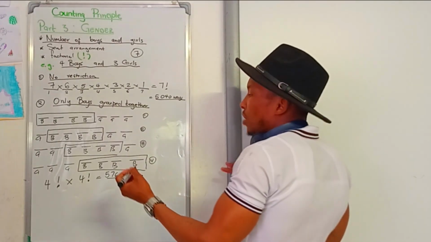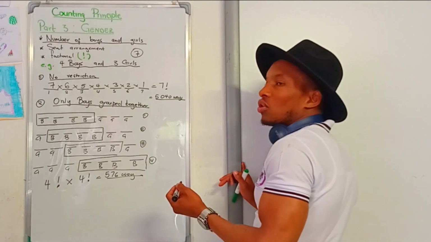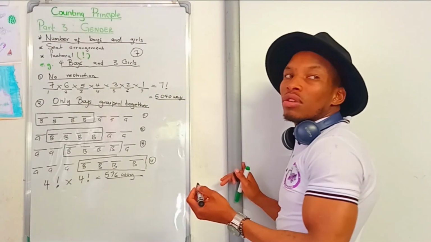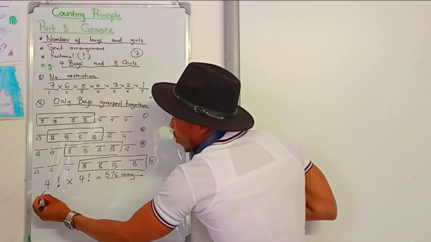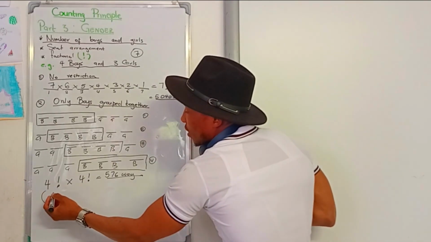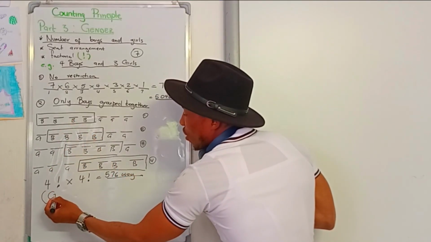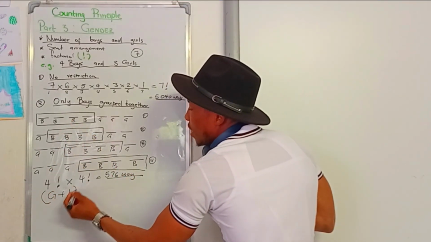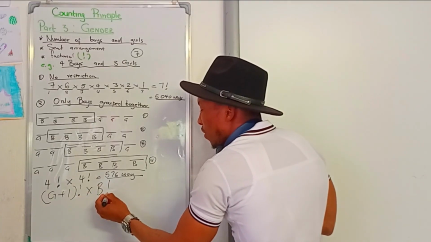Therefore, if you are just saying that only boys are grouped together, then we have the rule. The rule says that we open bracket, then we have the number of girls plus 1 factorial times the number of boys factorial.